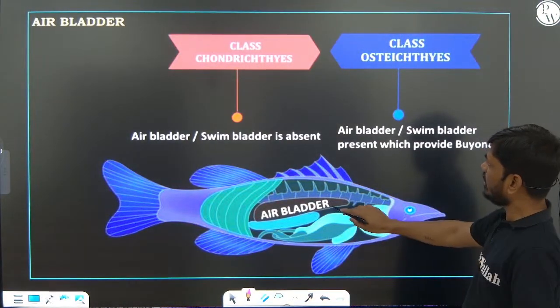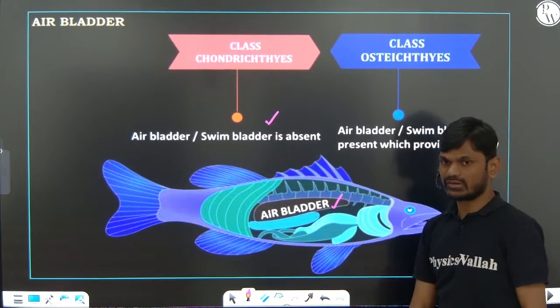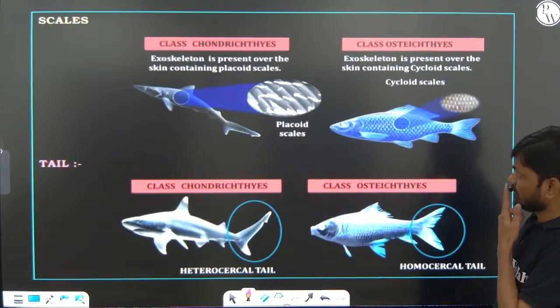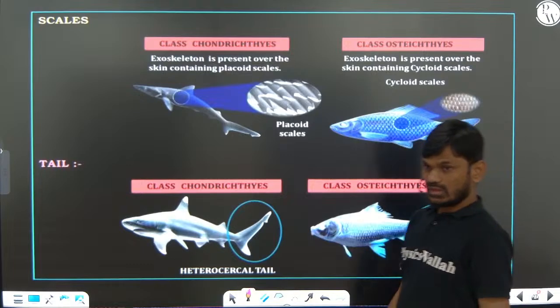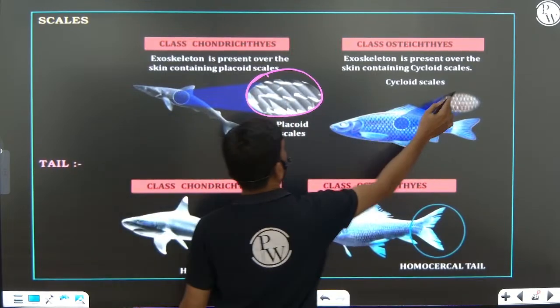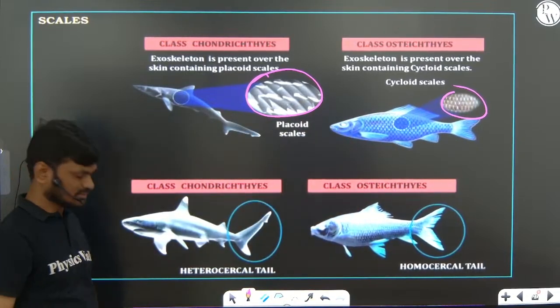Okay, this is the air bladder that helps as a swim bladder. It is also called a swim bladder, absent here but present there. Okay, so class Chondrichthyes, these are the scales: cycloid, ctenoid. Here placoid scales are present.